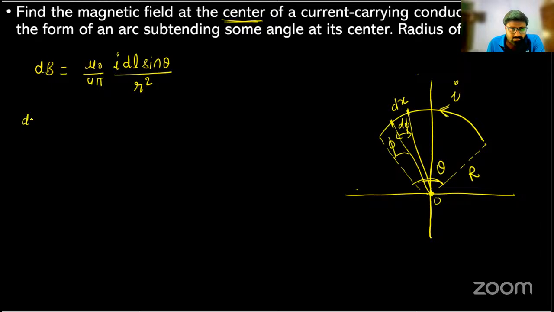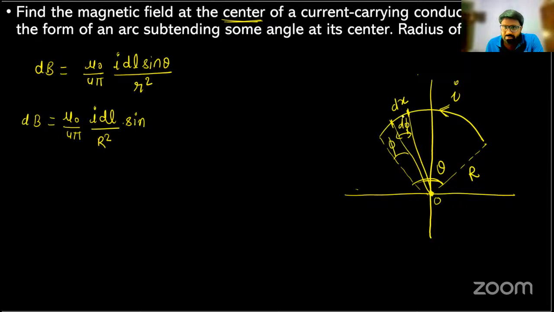So this expression would modify as mu naught upon 4 pi I dl upon capital R square into sin theta.